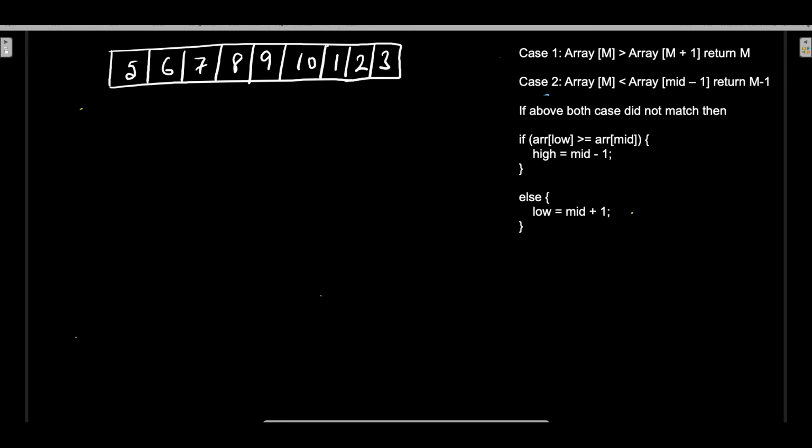If you look at this array, this is the point at which your array got rotated. This array is also rotated something like this. That is the reason it looks like this. So this is the point at which it got rotated.